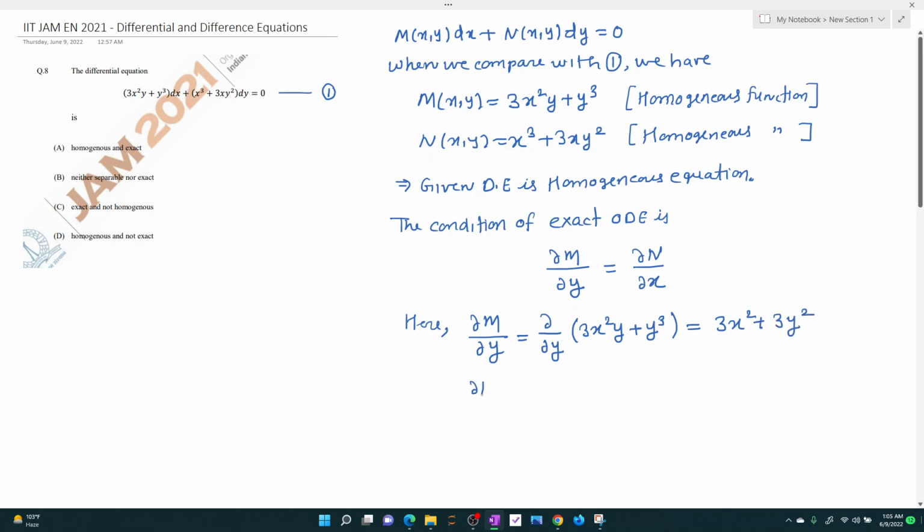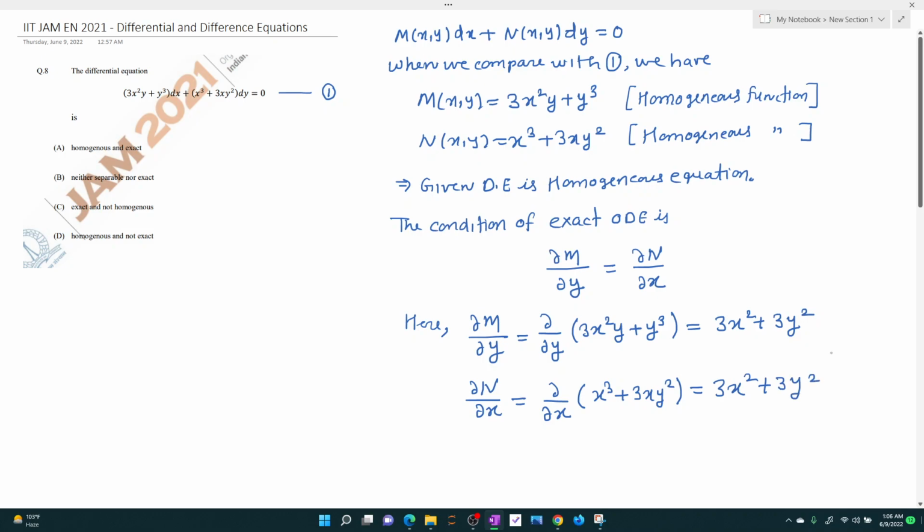Okay. Also find out the partial derivative of N with respect to x. N is what? x power 3 plus 3xy square, right? So the partial derivative of x power 3 is 3x square, and then 3xy square gives 3y square, right?